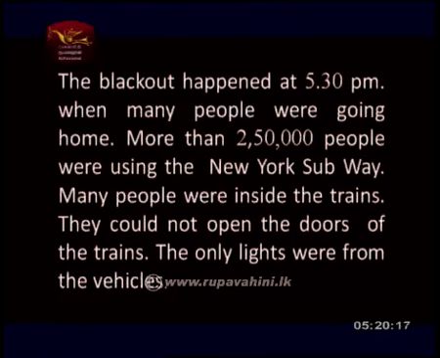Now you can find the auxiliary verb were and the present participle going, were going home. Then more than 250,000 people were using the New York subway. Again, we find were using. And many people were inside the train. Now, you can see the word were alone. So here we use the word were as a linking verb. It doesn't help any other word.